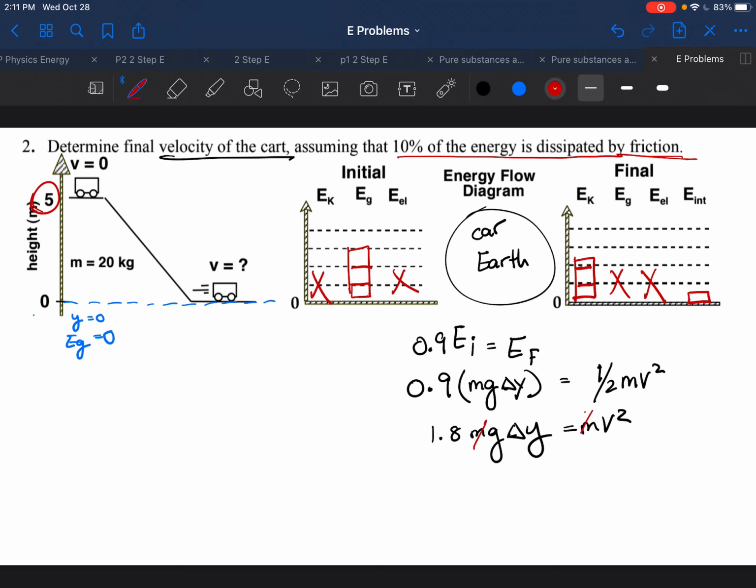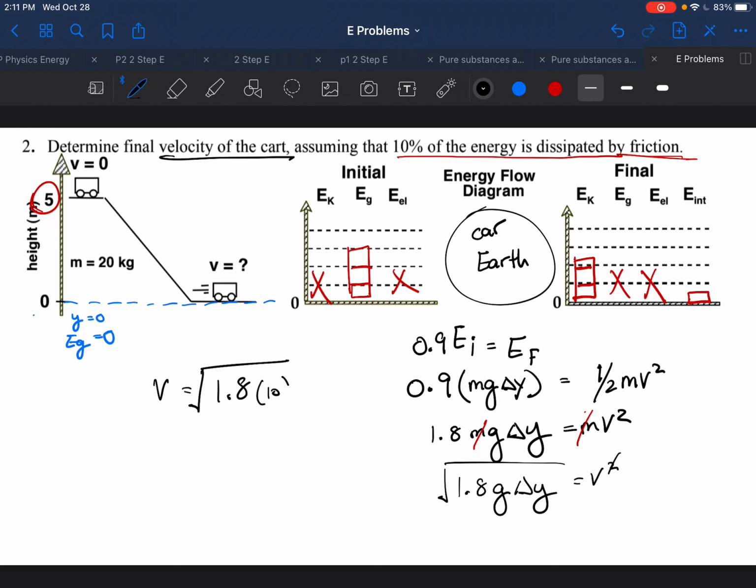Now we have mass on both sides, that cancels, and next all I have to do is take the square root, and we end up with v equals the square root of 1.8 times g, we're going to use 10, and then delta y here is 5 meters. So that's how we would deal with things like internal energy and friction.